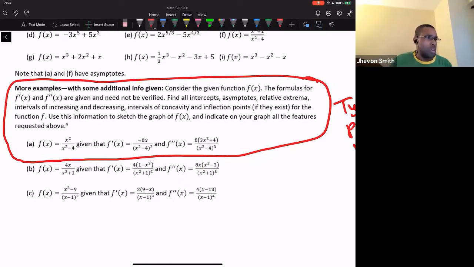So we're going to do that now. So let me copy this here.